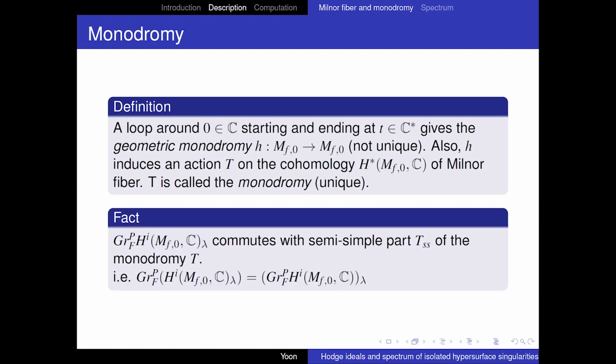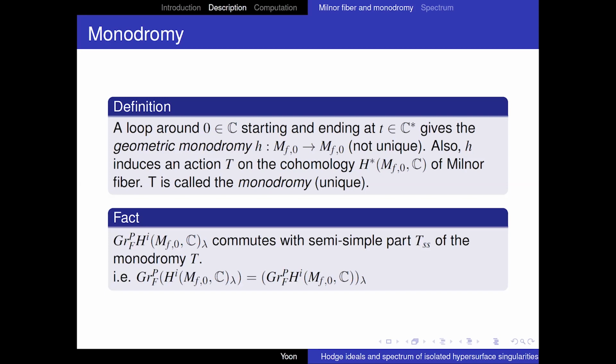Now we have two concepts, Hodge filtration and monodromy. You can decompose the cohomology by eigenspaces, and also you can decompose the cohomology by Hodge pieces.